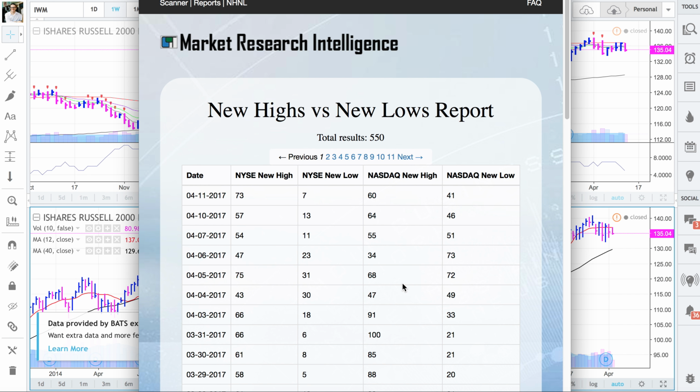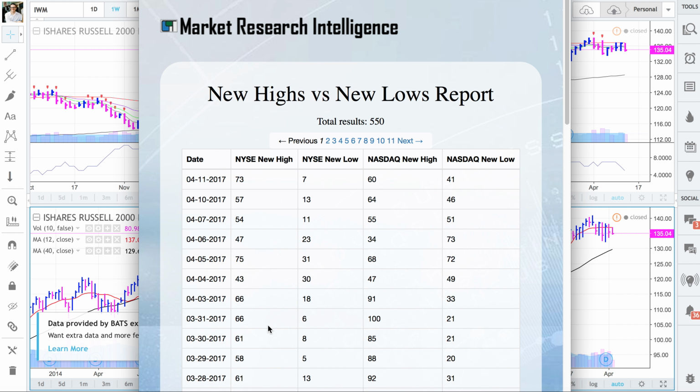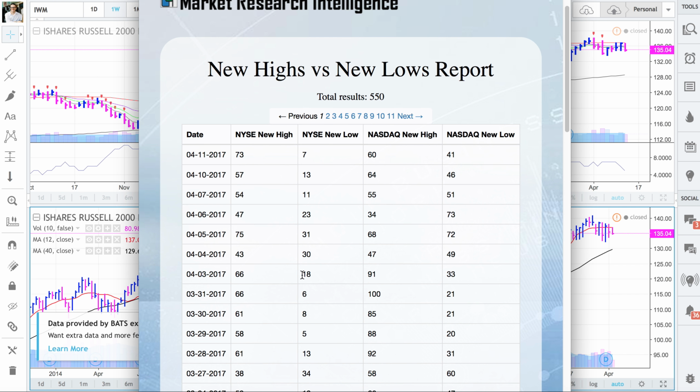On the NASDAQ, we could see that there was a little bit of trouble in paradise last week, where the number of new lows started to beat the number of new highs. Over the past couple of days, it seems to be resolving itself. The NYSE is doing much better in this regard, with the number of new lows being in the single and low double digits for quite a while.